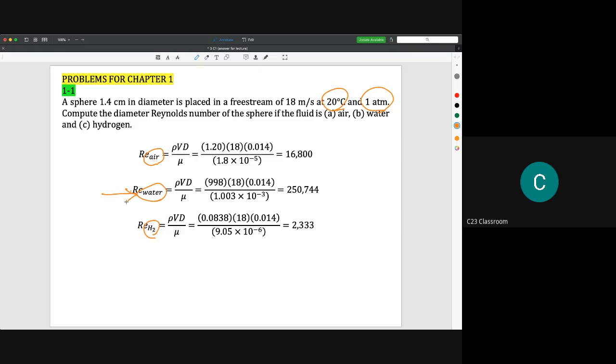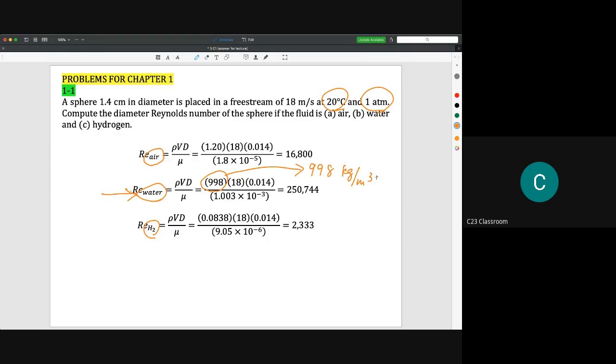That's why for the density of water, even though it is incompressible, at 20 degrees Celsius you'd use 998 kilogram per meter cube, but the Reynolds number that you get is not so much different if you use the common density of water, which is 1000 kilogram per meter cube.